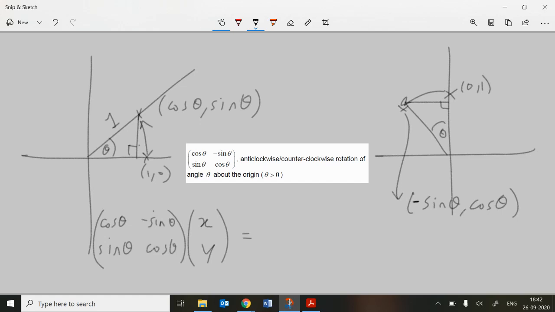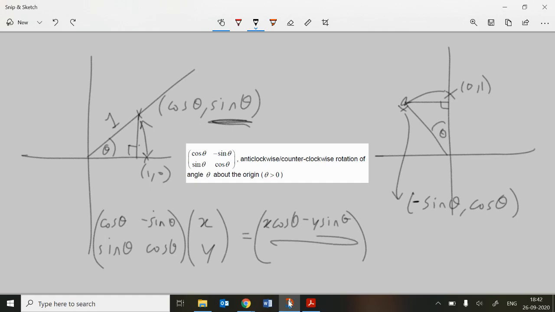When you're multiplying that out, you will get cos theta times your x there. So you're going to get x cos theta, and then you're going to get minus y sine theta. Then you'll get the sine applying to x in the y direction. That's what's happened to the x component in the y direction.